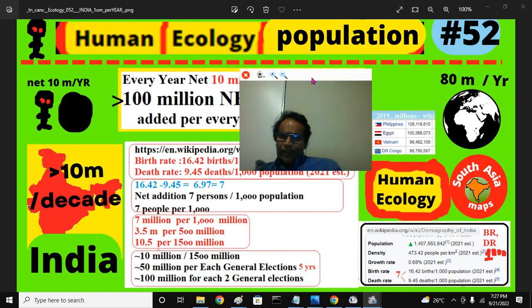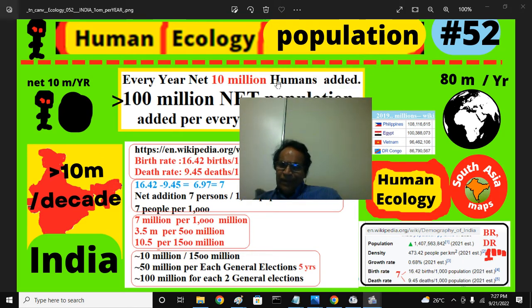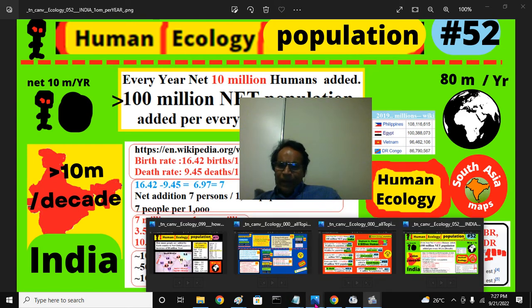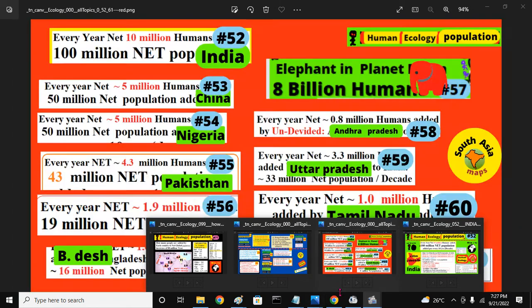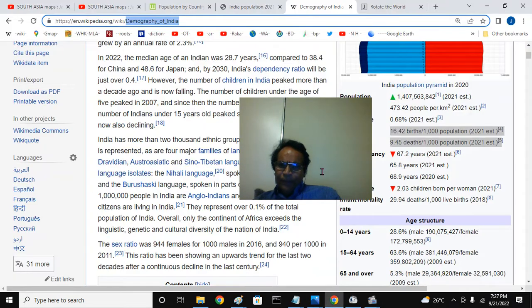So 10 million or 11 million or 12 million, depending on different sources, and we are adding roughly 110 million or so for every decade in India. That is a very important thing you have to keep in mind, population in India.